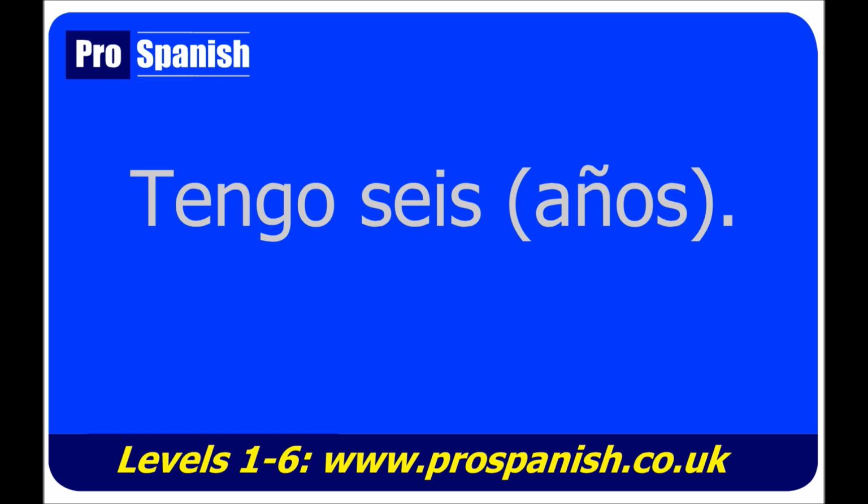Or we could substitute años again and say, I have, let's say, hermanos, brothers. Tengo 2 hermanos. I have 2 brothers. But the question about age, I have 6 years.